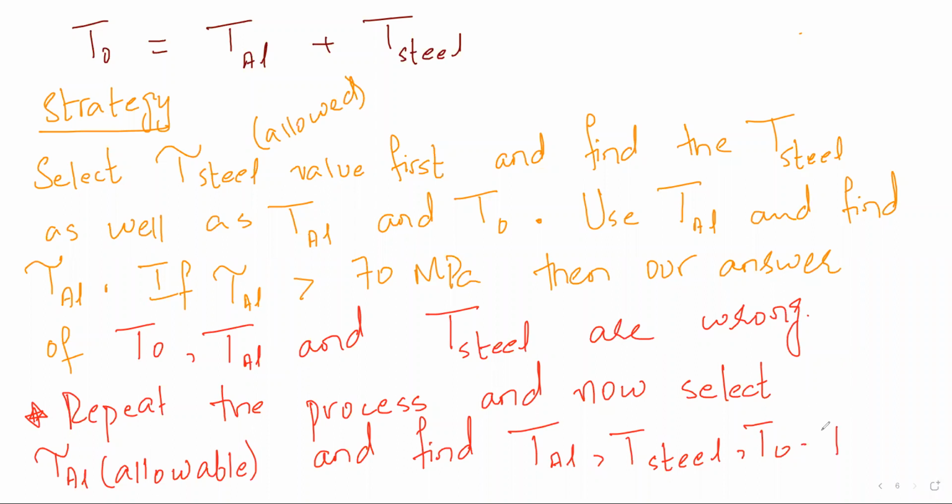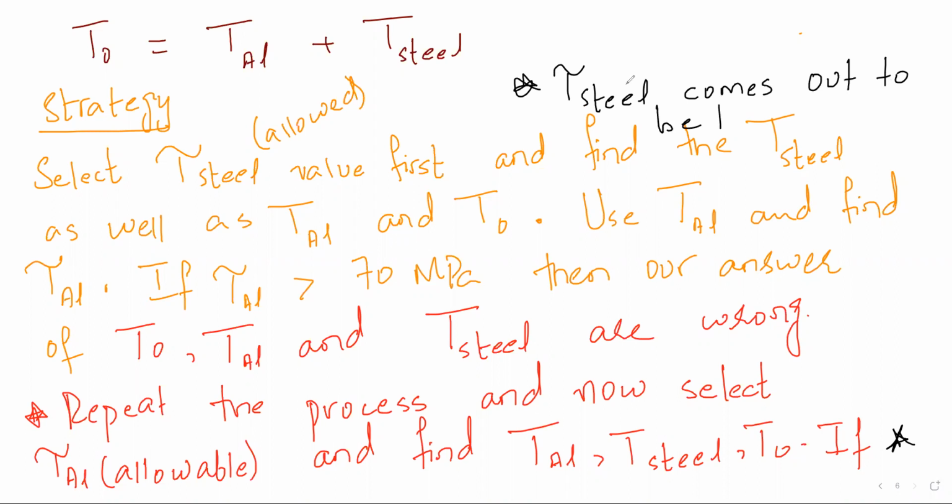If tau steel, here write different color, let me use purple color, comes out to be less than 120 megapascal, then our answer is correct.